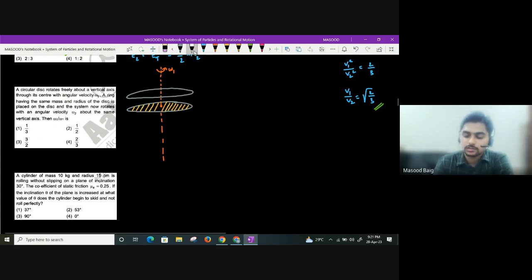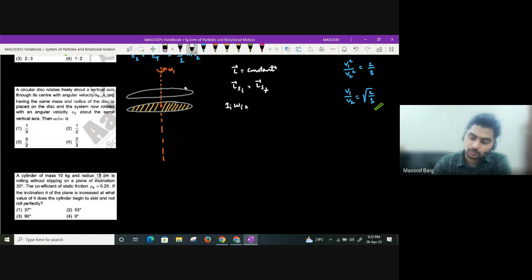In such cases, you can conserve angular momentum of the system. Before and after the ring is placed, there is only rotation, so initial spin angular momentum equals final spin angular momentum. Initially only the disk is there, so I write I omega: (mr²/2) omega 1.